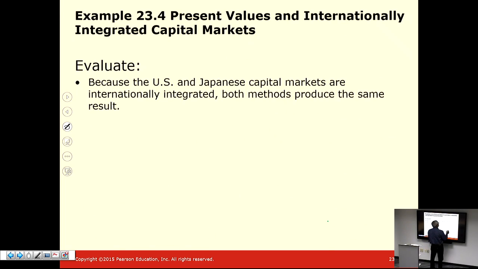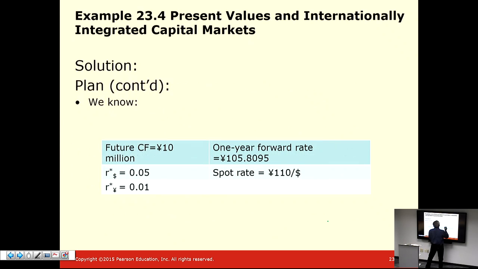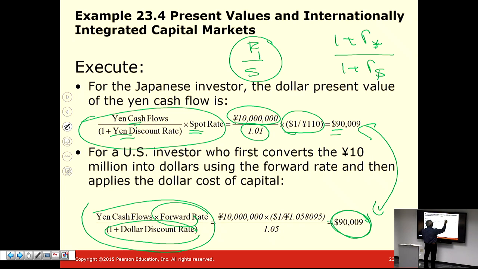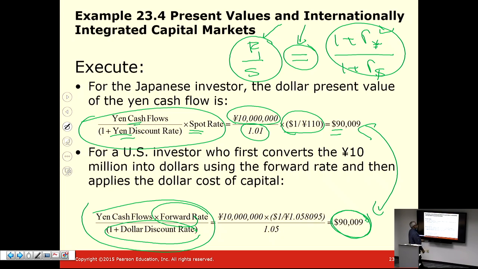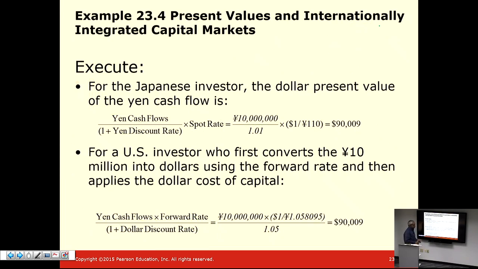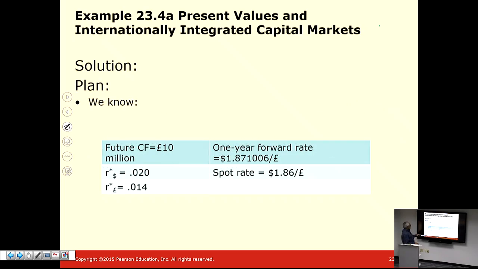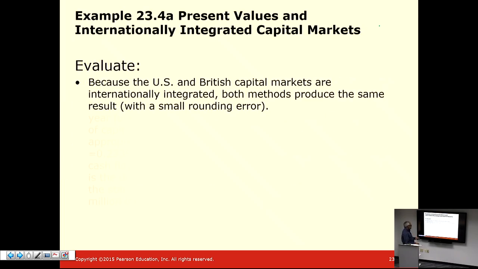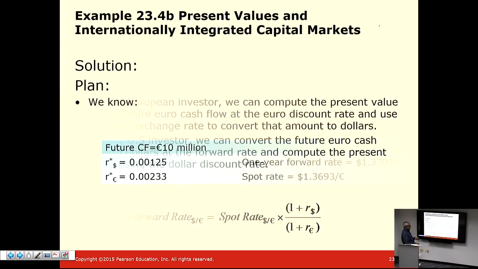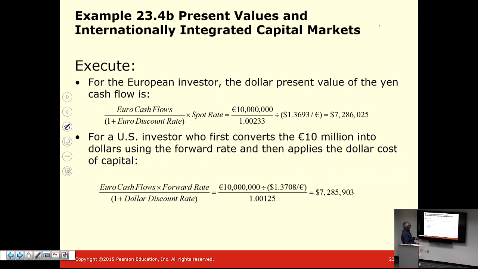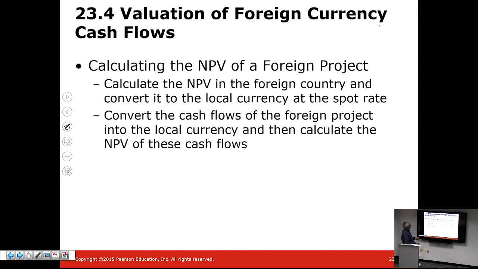So I will calculate these ratios and check what this equality is. If they're equal, then it is internationally integrated. If they're not equal, then there is presence of arbitrage profit. You can work through similar problems over here to check for integration versus non-integration. Similar problems all the way through section 23.